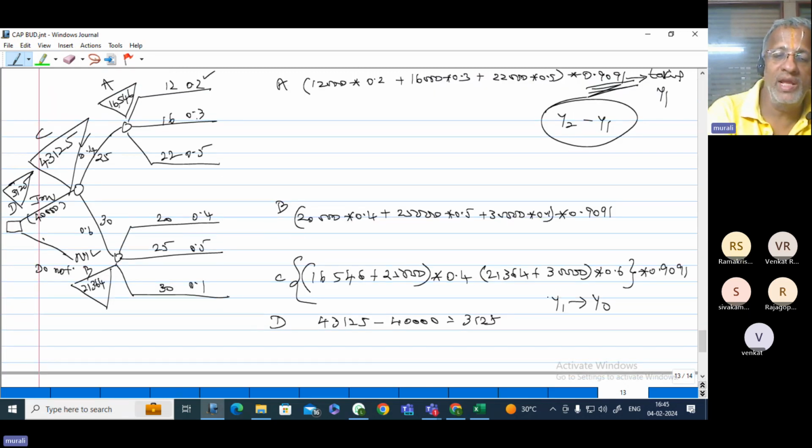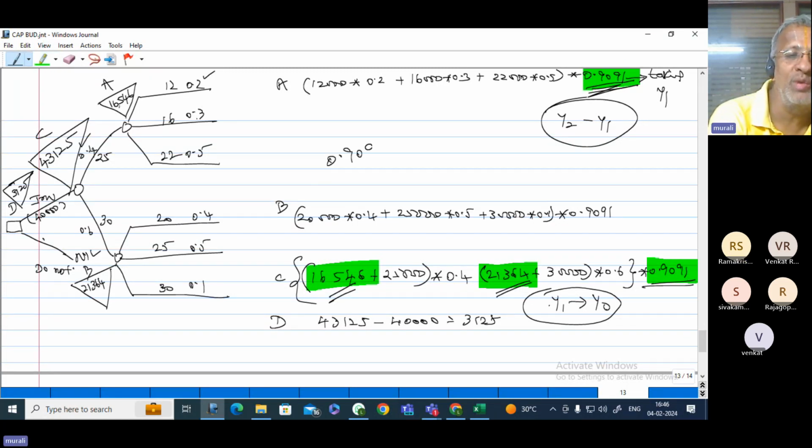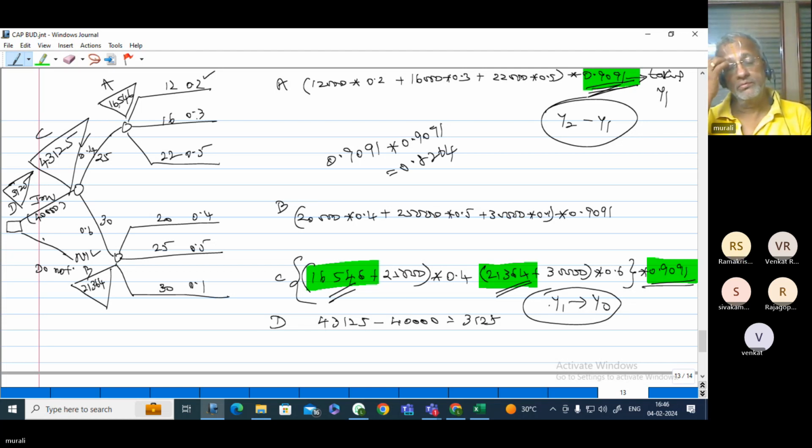Now I am taking year number 1 to year number 0, 0.9091. Therefore, this figure of 16,546 and 21,364 suffers the PV factor 2 times. 0.9091 into 0.9091 will give you 0.8264. Understood, sir.